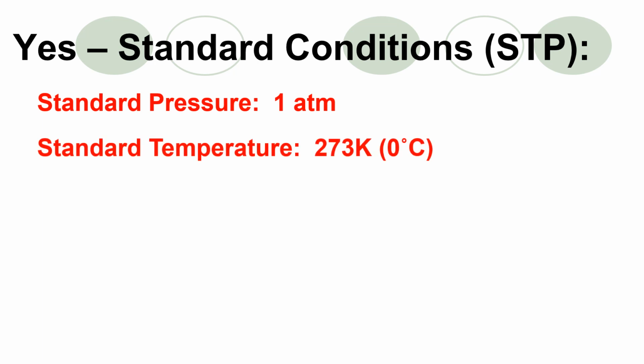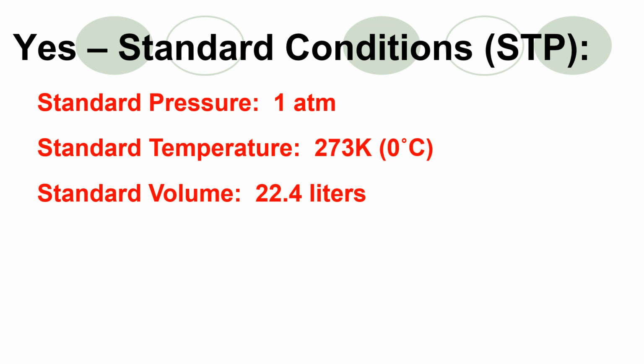So we can determine what the conditions are at one set of conditions. Those are standard conditions, STP, that stands for standard temperature and pressure. Standard pressure is 1 atmosphere, or we could use one of the other sets of units that we've learned. And standard temperature is 0 degrees Celsius, or 273 Kelvin. We can add the 0.15 if we need a little more precision.